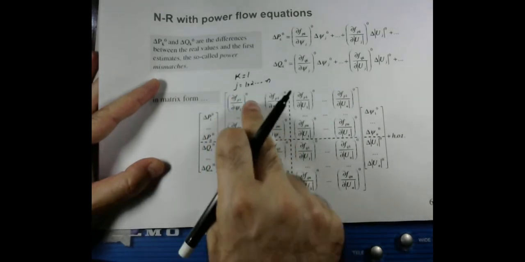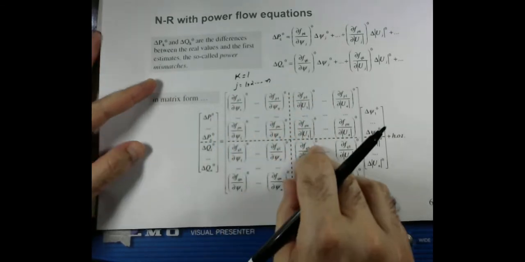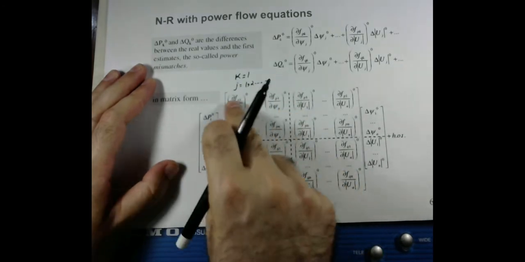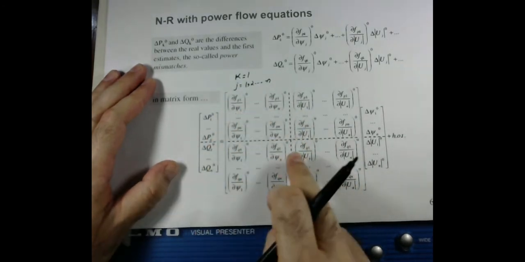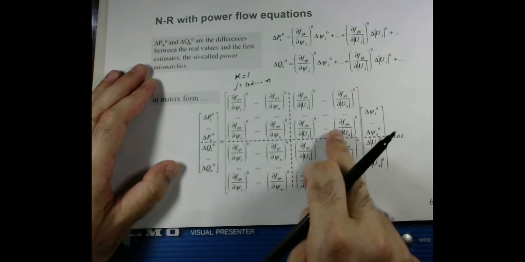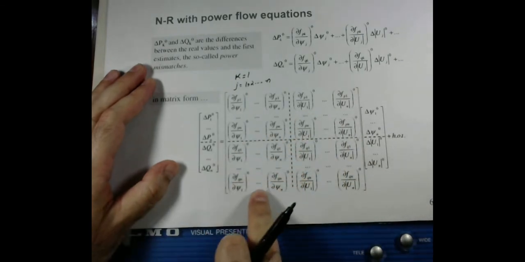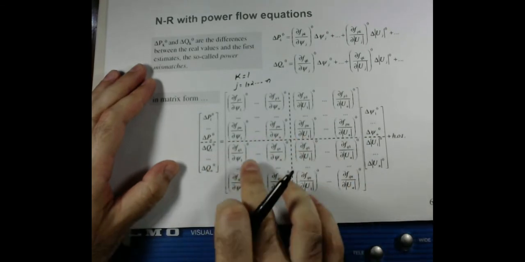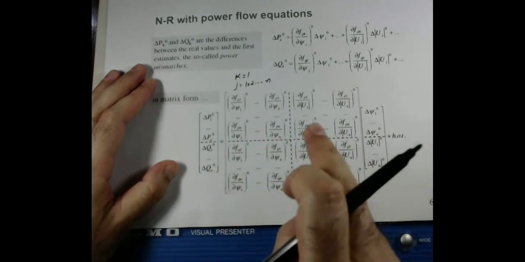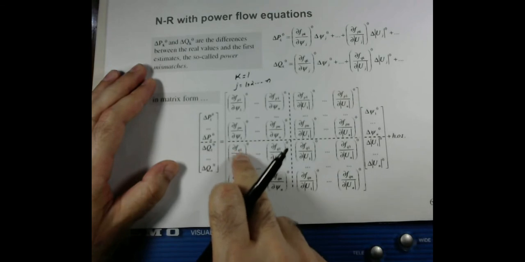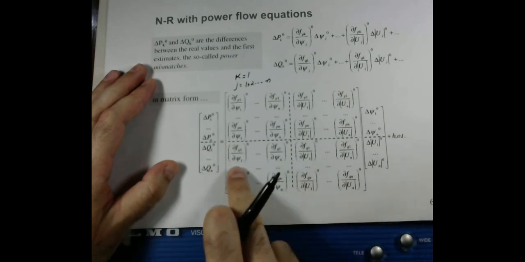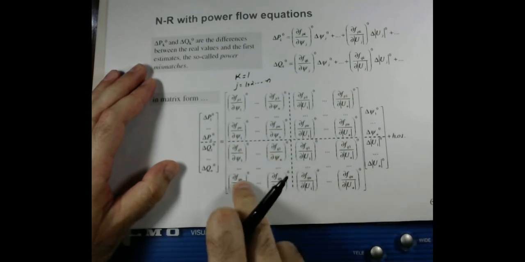On the top left side we have the derivative of the function with respect to the angle. Now we take the derivative of the function with respect to the voltage. And the terms down here represent the derivative of the function for the reactive power, from 1 to n terms.